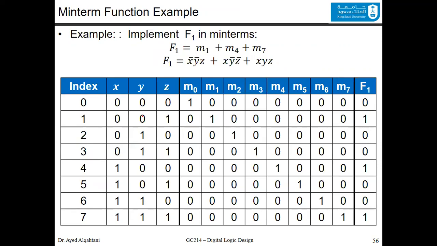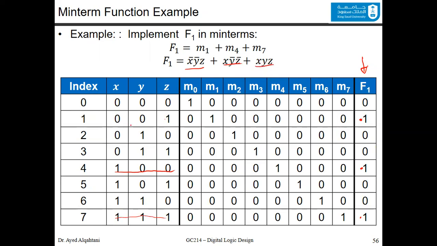Here are some examples. This table we already discussed before. The only addition here is a function called f1, which is 0, 1, 0, 0, 1, 0, 0, 1. To find this function, you look at the ones: this one, this one, and this one. And you find the min term corresponding to each of them. The min term here is x bar, y bar, z. Here it's x, y bar, z bar. And here it's x, y, z.